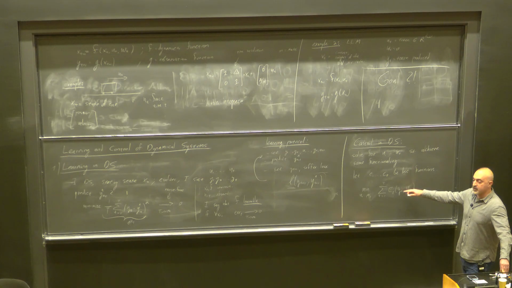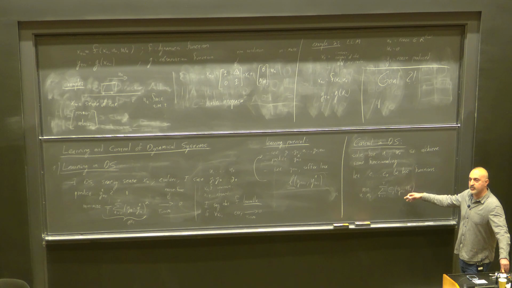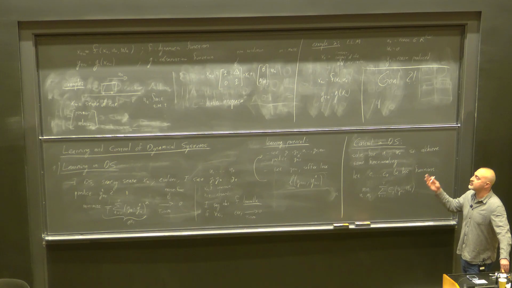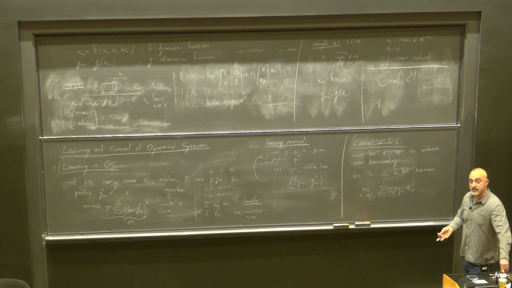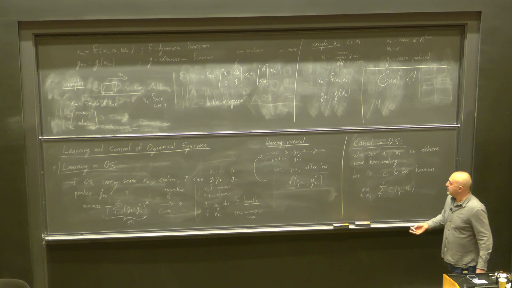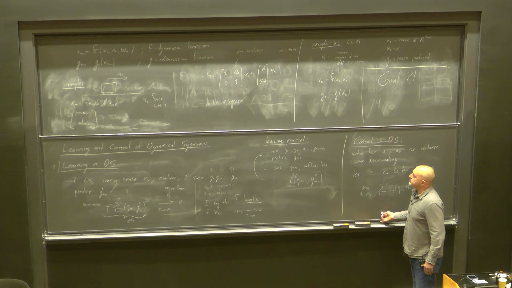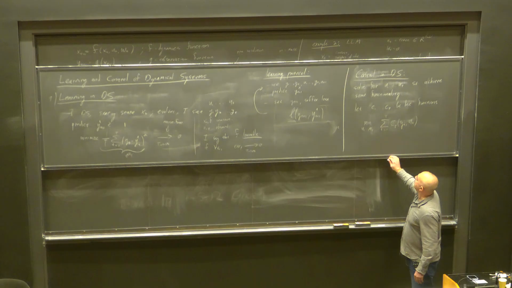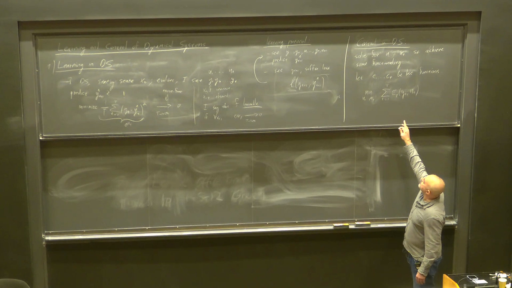So if I were to call it little f, this looks kind of like an online convex optimization problem, but I'm solving for an actual control, not a prediction, something that goes into the dynamics and affects the state of the system in the next iteration. So very, very important is the y's, right?